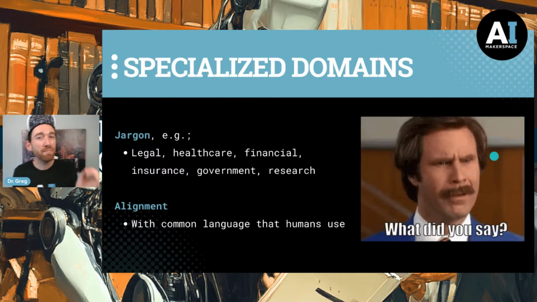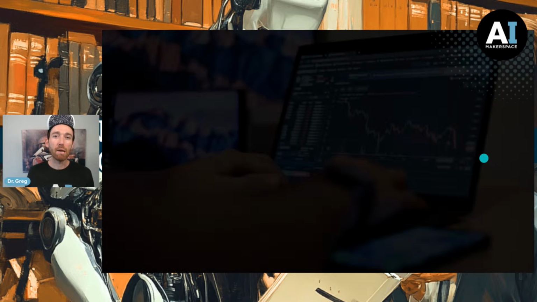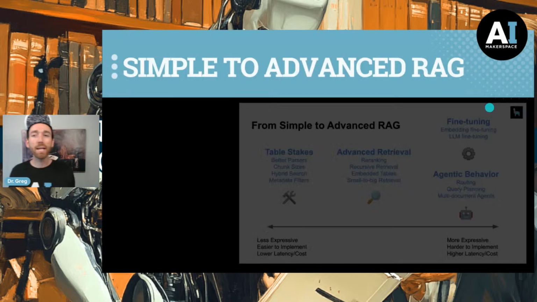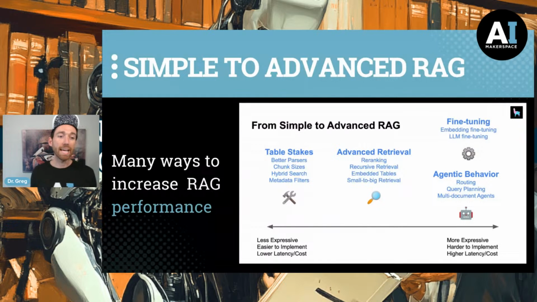And so when we have this specialized domain and we have data that we've tried to give the LLM access to in RAG, we can start to look at the next layer of actually fine-tuning the embedding model. Now, there are many ways that we can increase RAG performance.